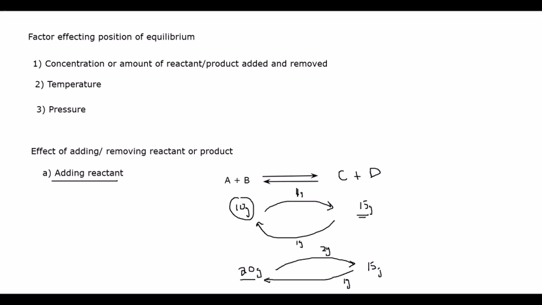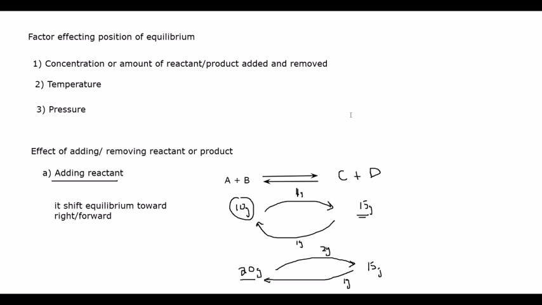So whenever we add a reactant, it will shift the equilibrium towards the right, or you can also say forward. This is always the effect. Addition of the reactant always shifts the equilibrium towards the right hand side. If I add more reactant, I will get more product.